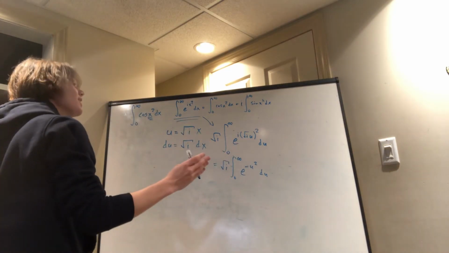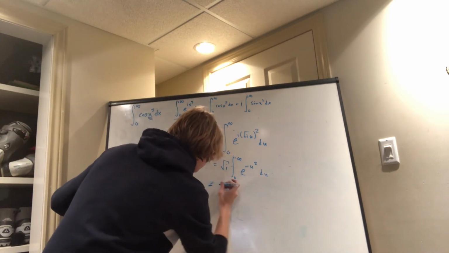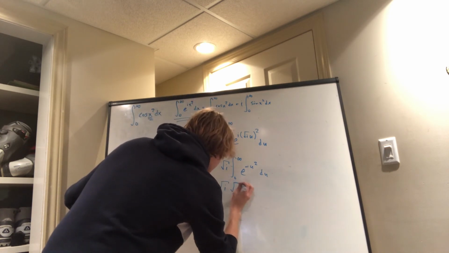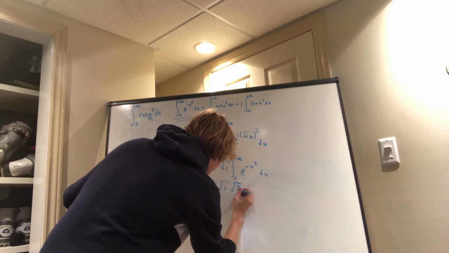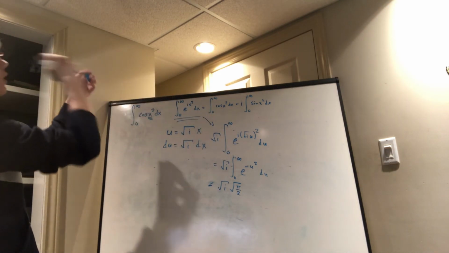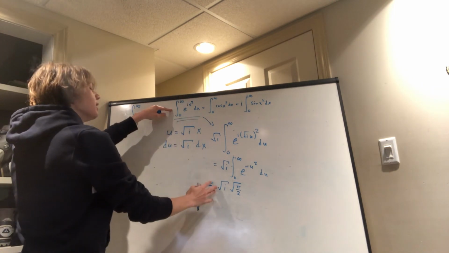Yeah! Alright, and we know that this equals the square root of i times, we already proved it before, the square root of pi over 2. So now we have this whole thing equals the square root of i times the square root of pi over 2.